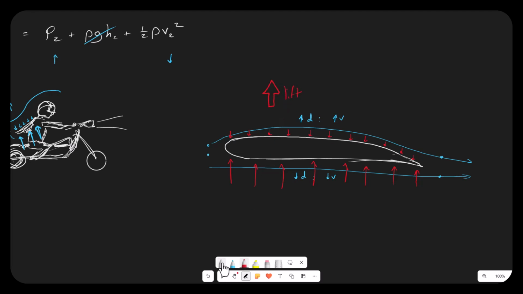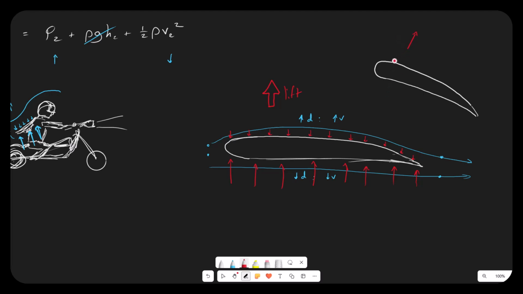Now this isn't, of course, the only thing that keeps an airplane in the air. A big part of what helps is that this airfoil is actually angled. Not only do we get the lift from the pressure differential, we actually get something that points backwards a little bit.